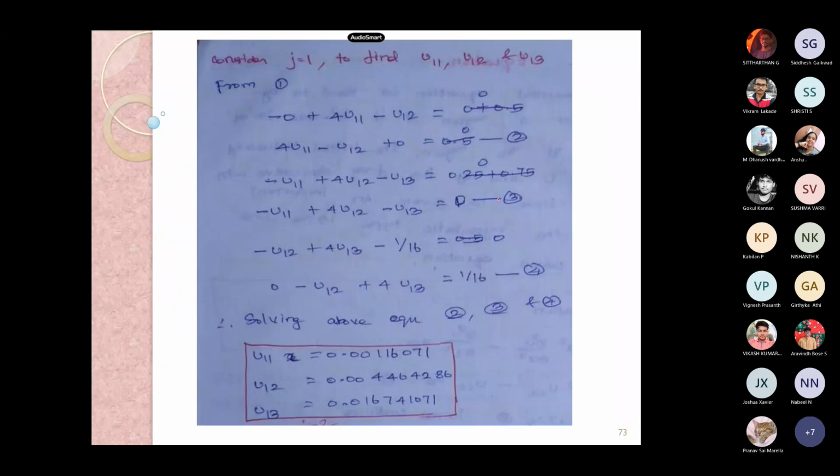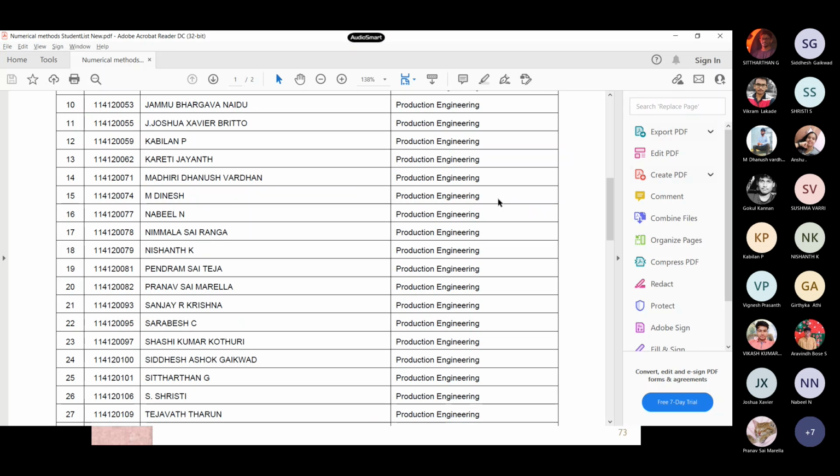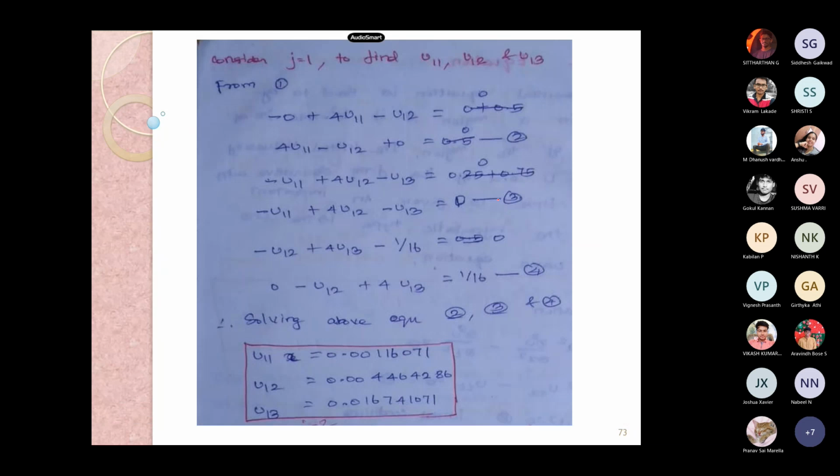Sai Teja. Yes, sir. I got 0, 0, 0. No, cross check with your mode. Clear your mode and try again. You'll get 1.16 into 10 power minus 3.